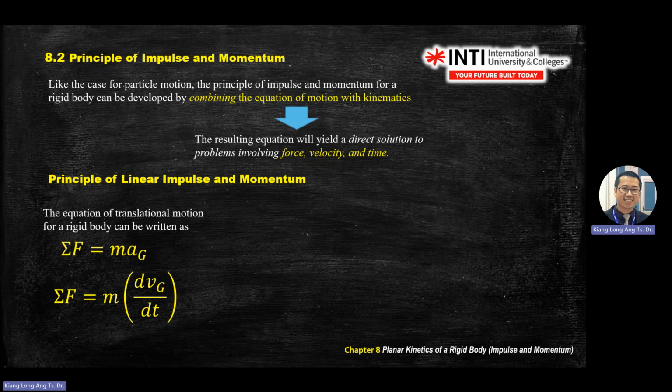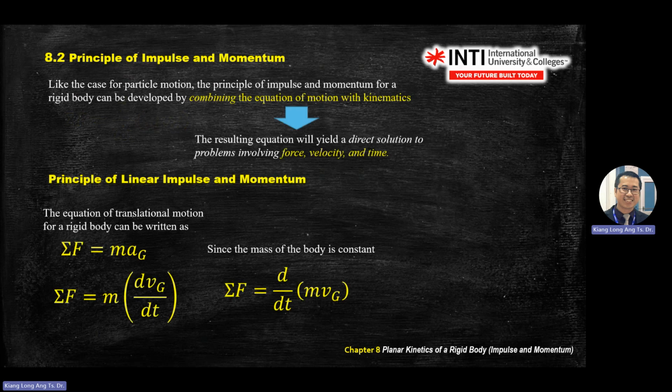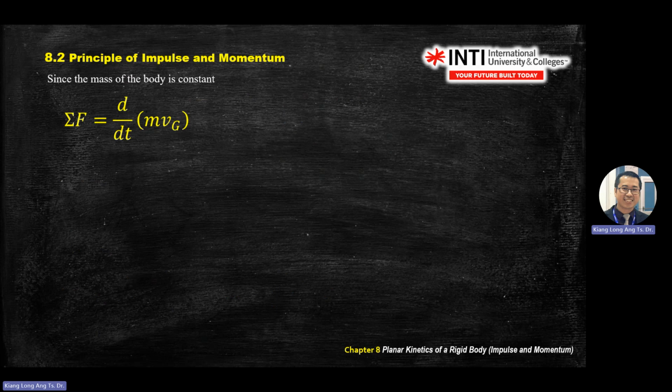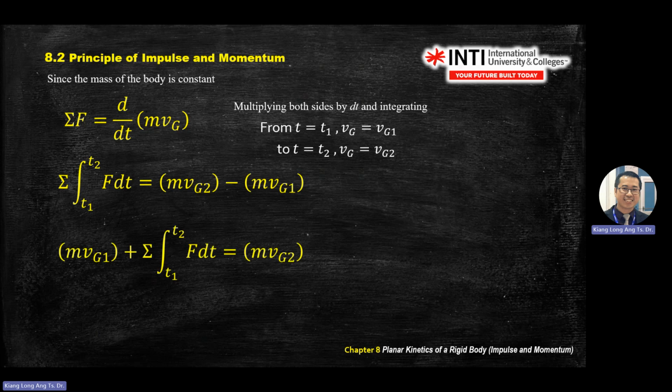F multiplied by time gives you an impulse, and then you integrate it. You arrive at this equation.